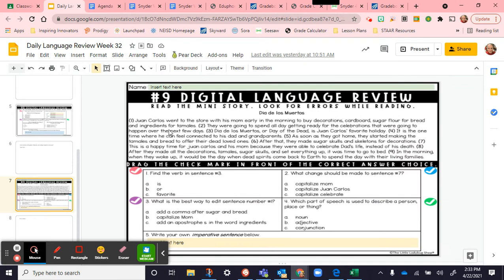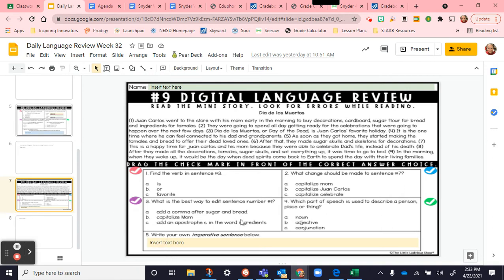All right, so you can read this passage and these 5 right here. So find the verb, what kind of capitalization change would you make? What's the best way to edit sentence number 1? And so go plug in that comma, see if that works.